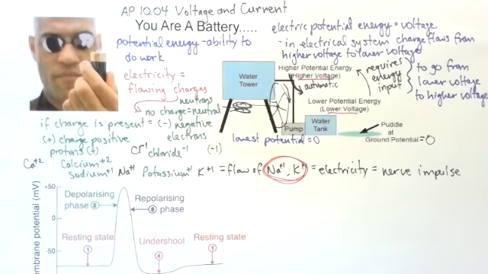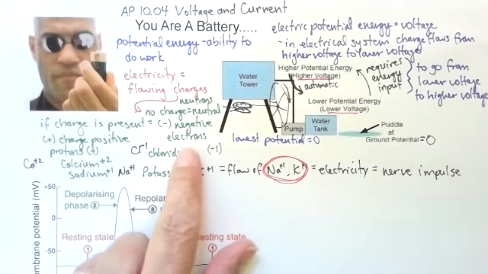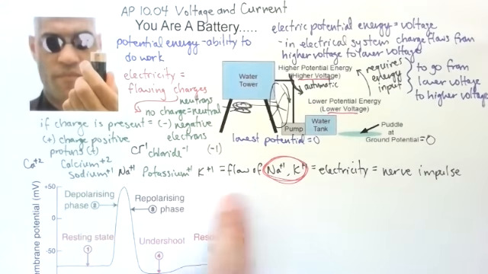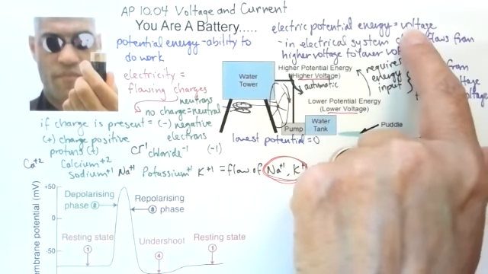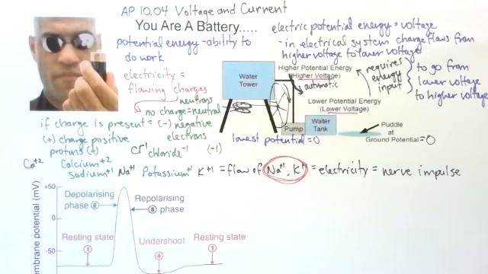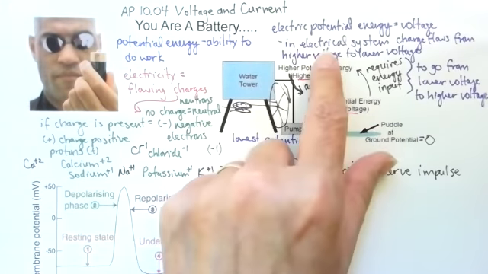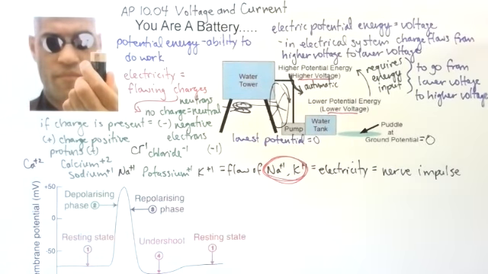We have to pump it back up. Talking about electricity, it flows just like water, but here we're talking about things that have charges. In your walls, we have electrons, but in your body, what we have flowing are sodium and potassium ions. Those are governed by voltages. So voltage is the electric potential energy, and charges will flow from a higher voltage to a lower voltage automatically. Let me add that in here.